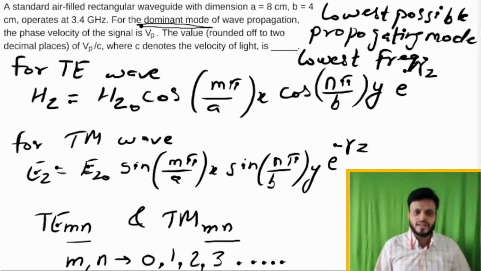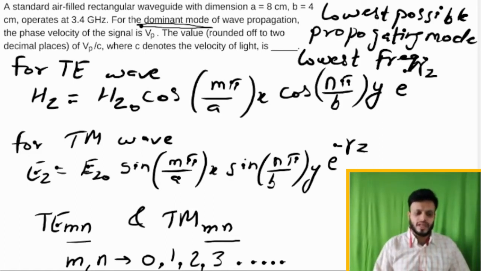But one thing you have to keep in mind: if m and n are both 0 at the same time, the wave cannot propagate. So m and n can take values from 0 onwards, whatever you want, but please take care that you are not considering TE00 mode or TM00 mode, as your wave will not be able to propagate, and again you will be getting a non-propagating attenuated wave, and that is not a correct thing.